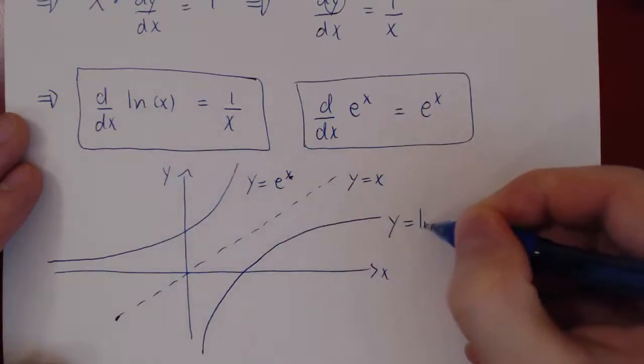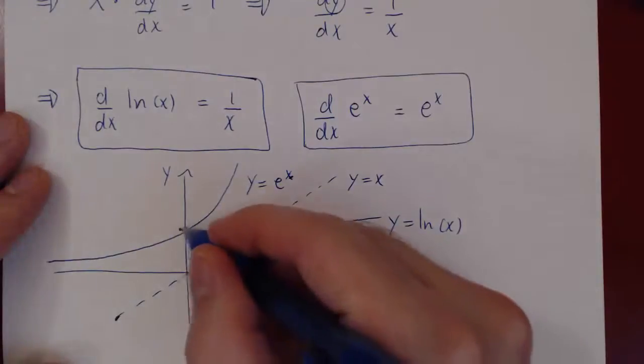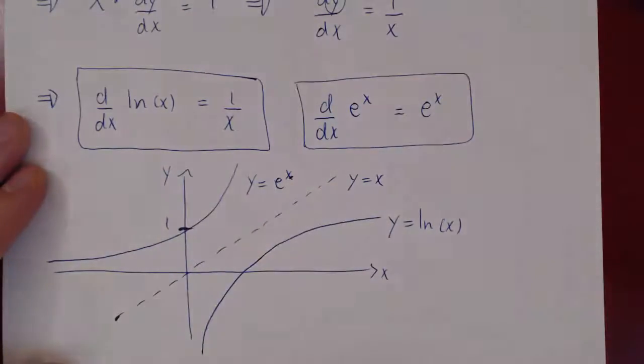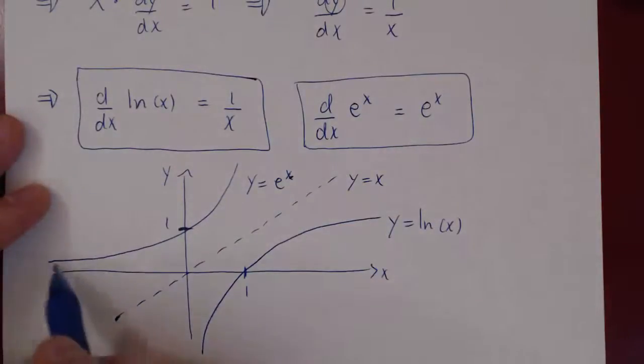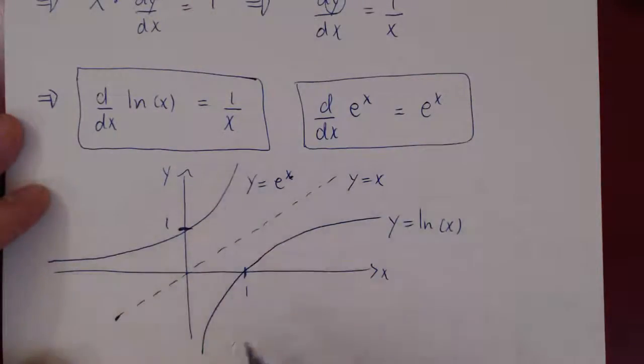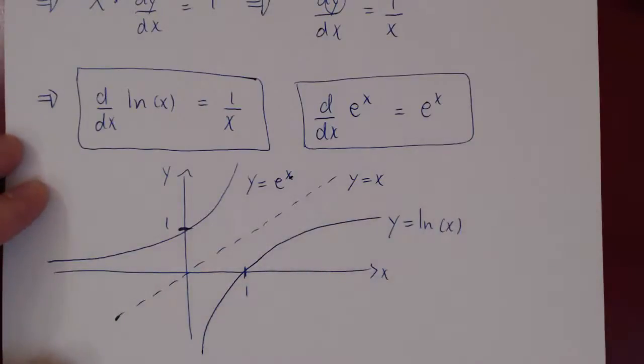And that's the graph of ln of x. And because e to the 0 is 1, ln of 1 is equal to 0. So you have here the graph of e to the x and the graph of the inverse ln of x.